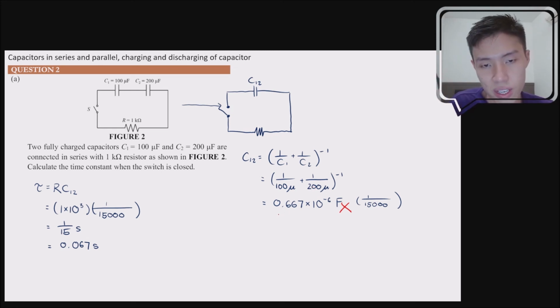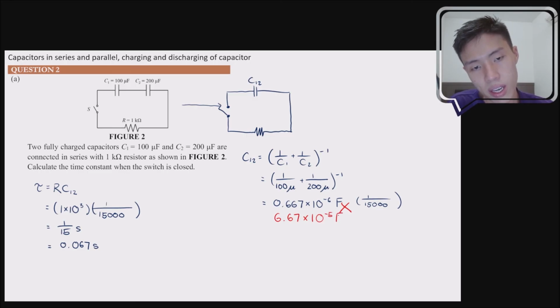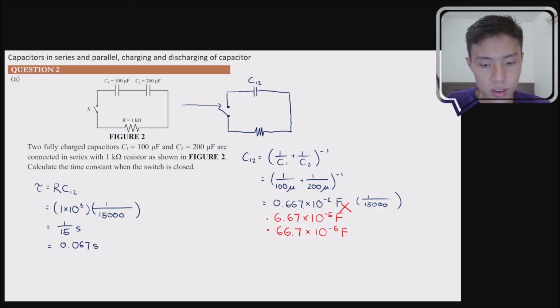If I choose to write it based on my calculator, it is appearing this particular value, okay? But if I wish to shift it to times 10 to the power negative 6, it should be 66.7 times 10 to the power negative 6 farad. But it happens that I shifted the decimal place in the wrong direction, causing this answer to appear, which is incorrect. Okay, so it's either you write this or this, okay, for your answer.